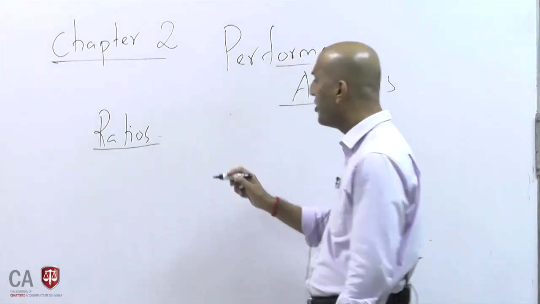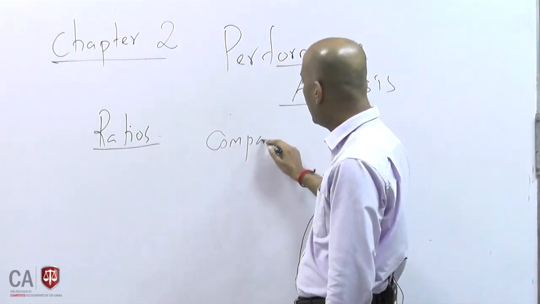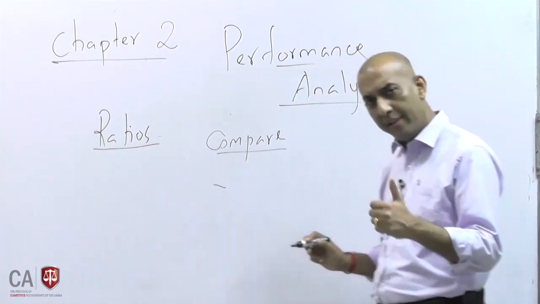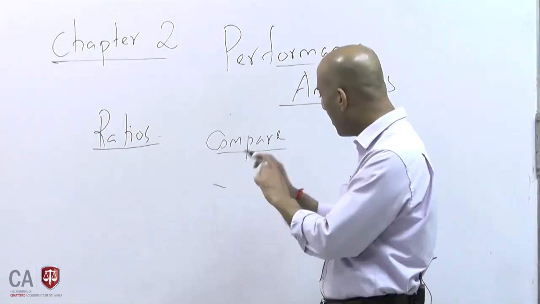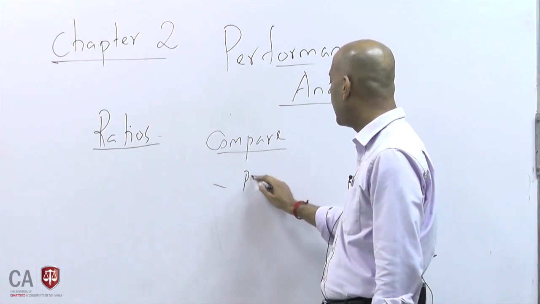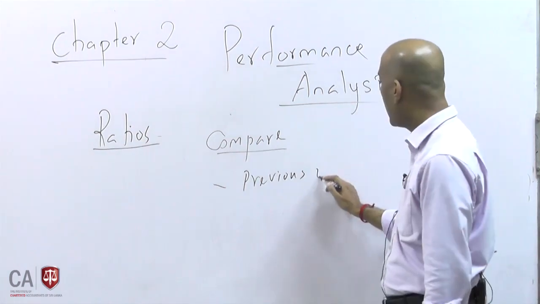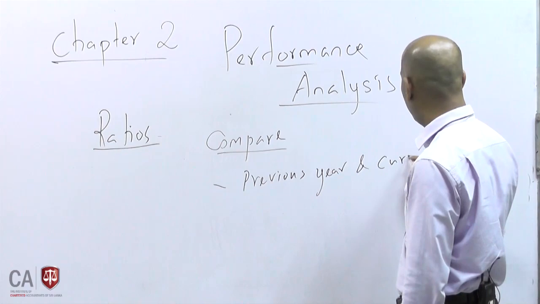Then the ratios, when you compute, we need to compare. So with what are we going to compare? One is comparing the ratios between periods. It means you are comparing with previous years. Your ratios for the current year, you compare with the previous year and current year.